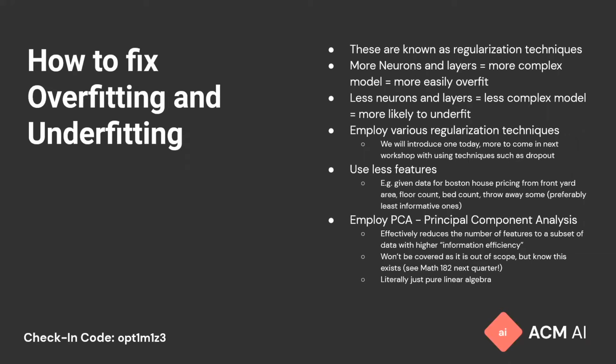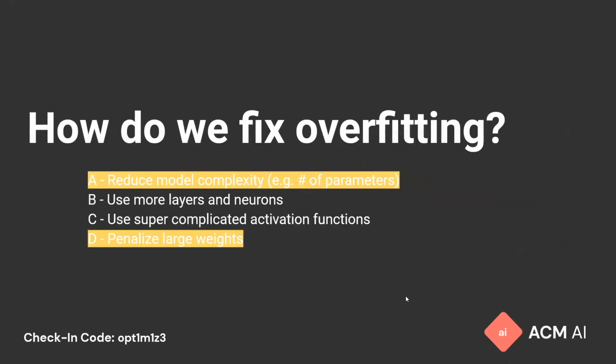Actually, could we go back to the previous slide? So here are some really broad ideas. The first idea is to reduce your model complexity. If you have a lot of layers and a lot of neurons, that's a very complicated model, and it has very high capacity to produce very curvy, very specific fine-tuned models.